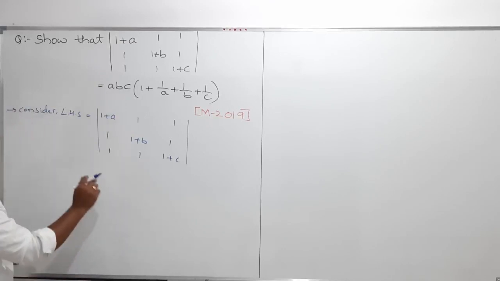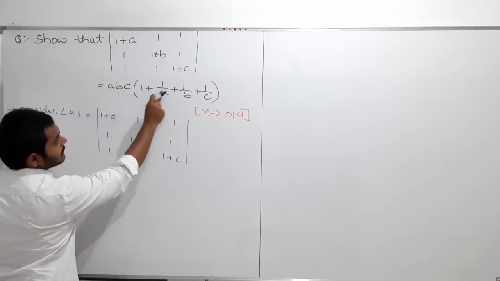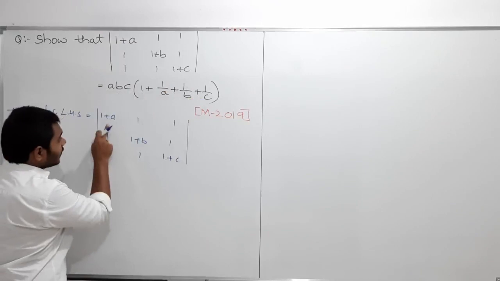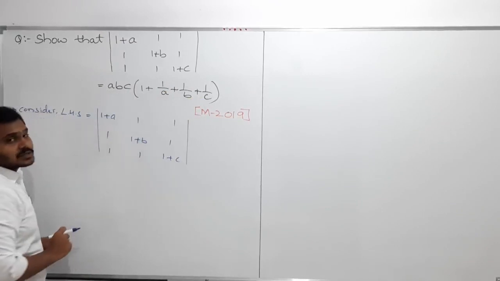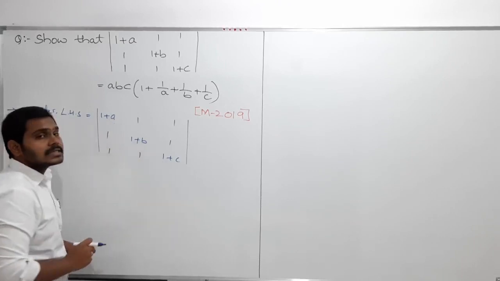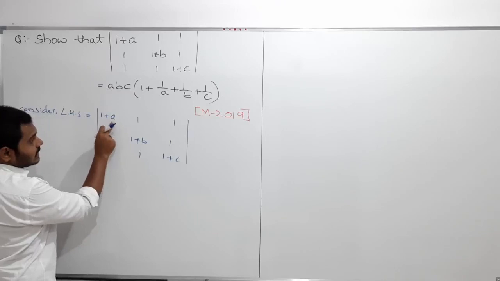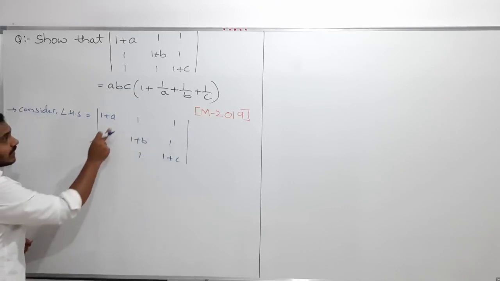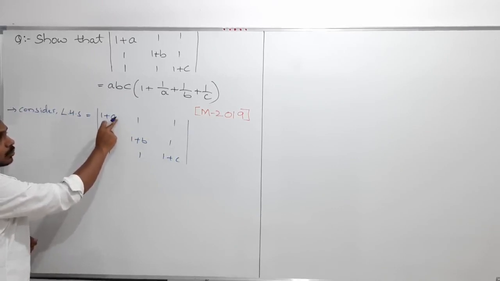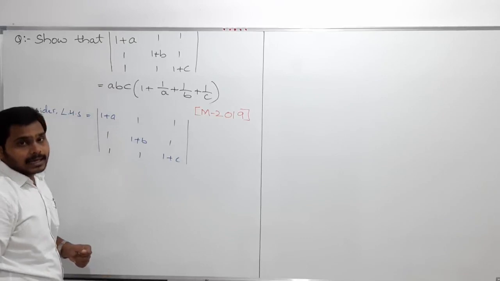So my dear students, observe the LHS part. In the RHS part, ABC into (1 plus 1 by A plus 1 by B plus 1 by C) is there. If you observe the LHS part, 1 plus A is there, 1 plus B is there, 1 plus C is there. So if from row 1 I take the common, this will become 1 by A plus 1, and this will become 1 by A, and this will become 1 by A. Clear?